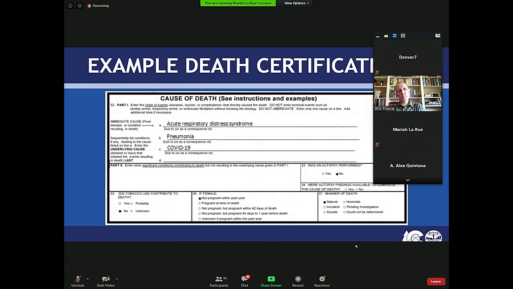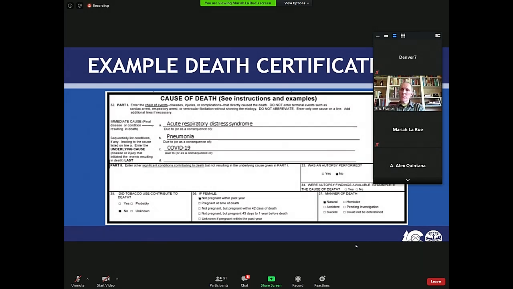And so this is information that is completed for all death certificates for the state, not just COVID-19 related deaths for the state. It is important that we do capture accurate reporting of COVID-19 on death certificates for all decedents where COVID-19 is known or assumed to have caused or contributed to death.